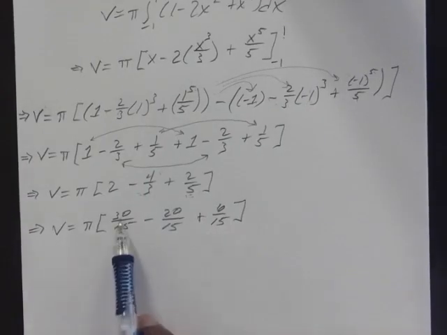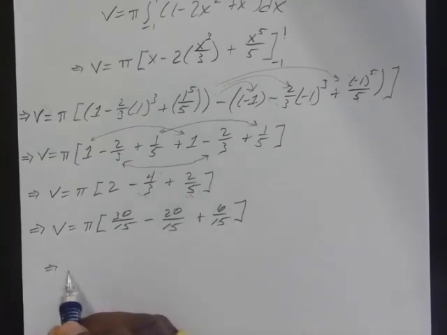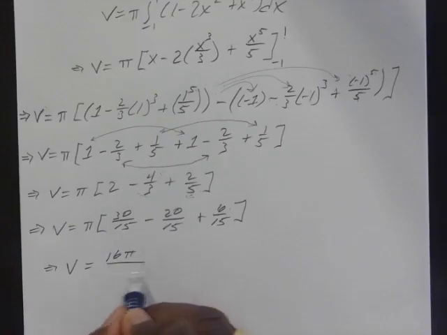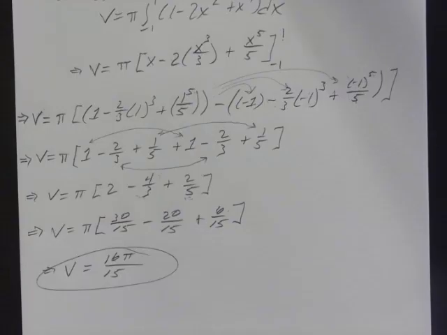Okay, so 30 minus 20 is 10. 10 plus 6 is 16. That gives us a volume of 16 pi over 15. And again, that's if they're asking for the exact value.